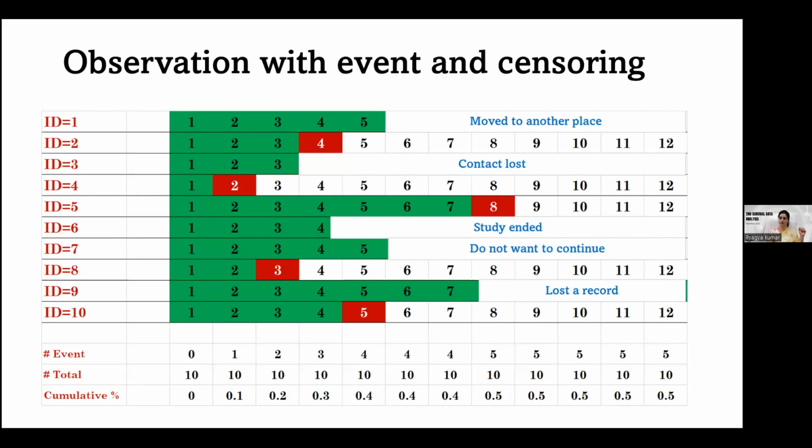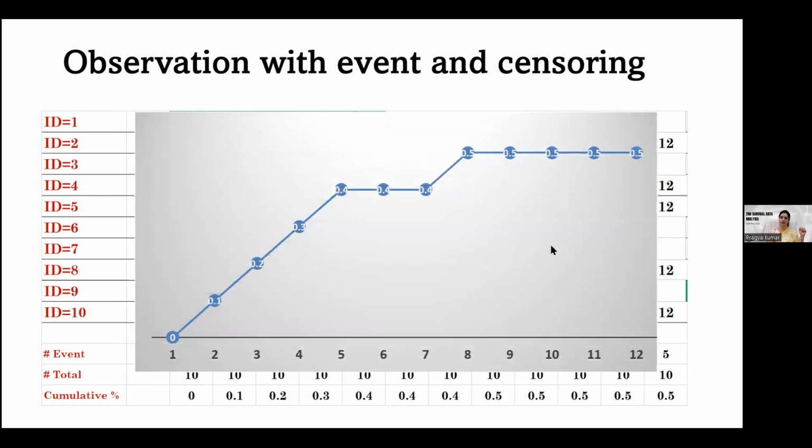So if you plot a graph, the graph will be like that. It is like 0, 0.1, 0.2, 0.3, 0.4, then the same 0.4 for 3 days, and then again 0.5 overall till 12 months, because we are doing it for 1 year.